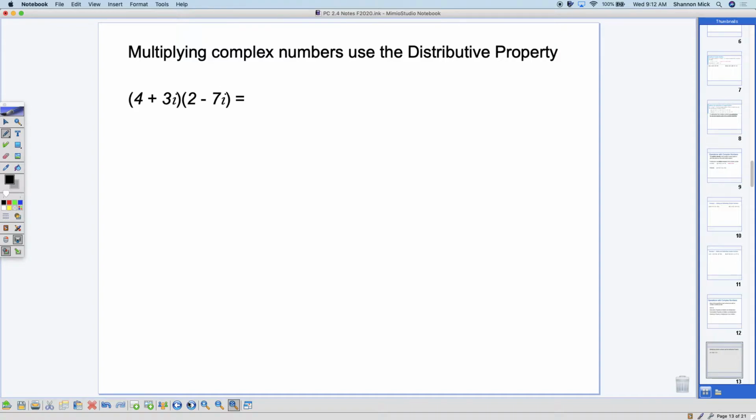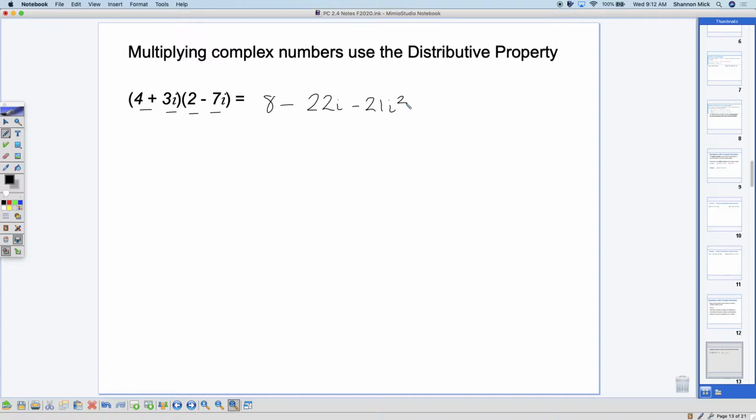So I get 8. Let's see, I got a negative 28 and a positive 6, so that gives me a negative 22i, and then a negative 21i squared. But what is i squared?